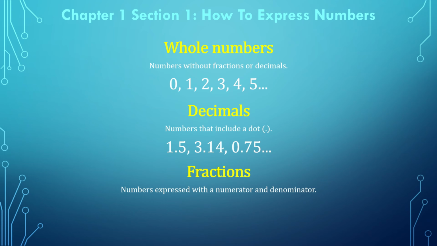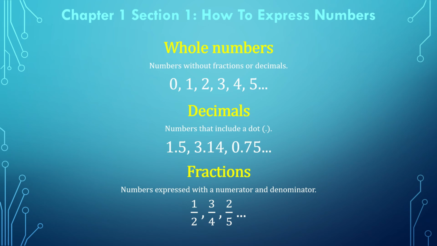Fractions are numbers that are expressed with a numerator and a denominator. Fractions in the example are read 1/2, 3/4, and 2/5. You first read the numerator as a regular number, and then the denominator as an ordinal number.